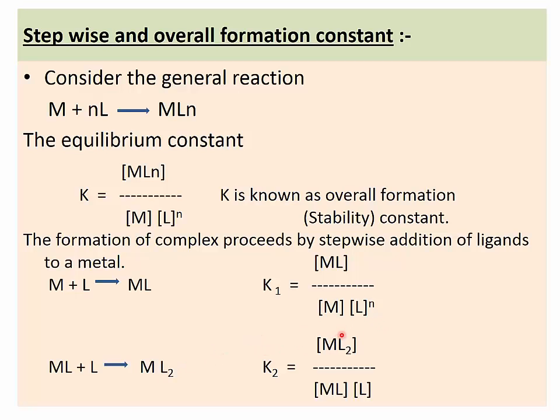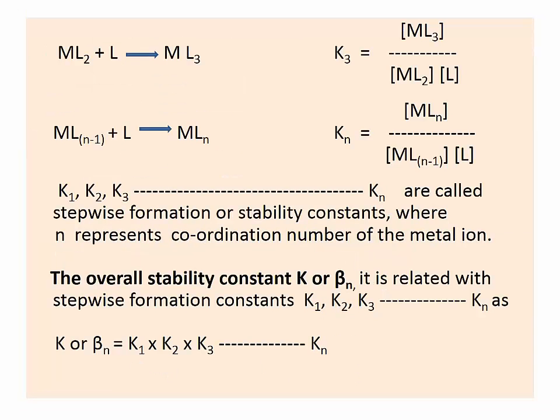Here the value of n is 1. Then see second step. To the product of first step ML, second ligand is added, therefore there is formation of ML2 complex. Therefore K2 is equal to concentration of ML2 divided by concentration of ML into concentration of L ligand. This is K2.